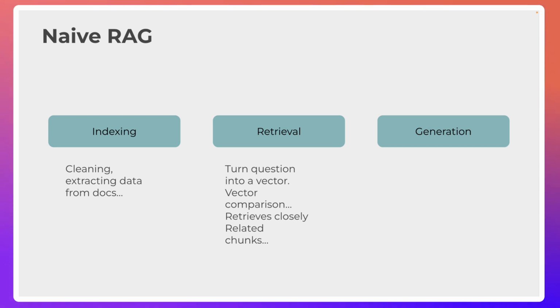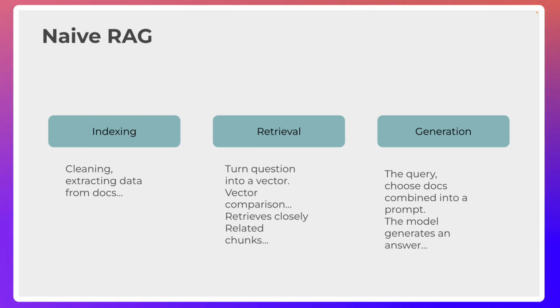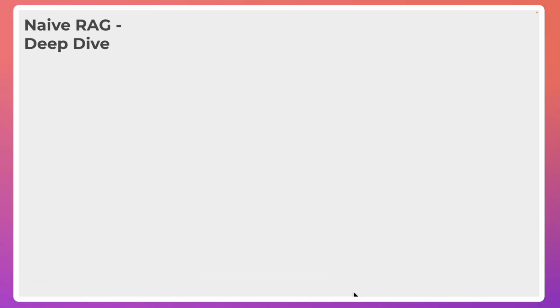These are then pushed with the query into the generation phase, where the query and chosen documents are combined into a prompt. So we have a prompt, the query, and the documents that were chosen pushed to the model to generate an answer. So this is naive RAG. If you want to do a deep dive into naive RAG, this is what happens. We have the documents, and these documents go through the phase of parsing and pre-processing.